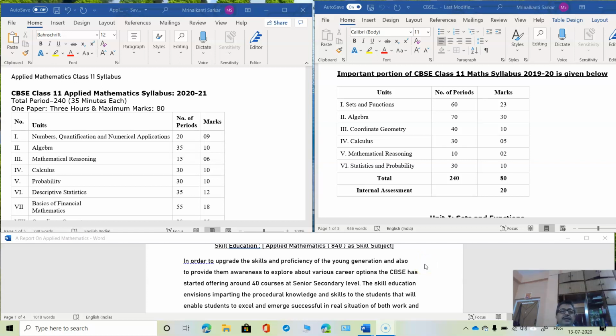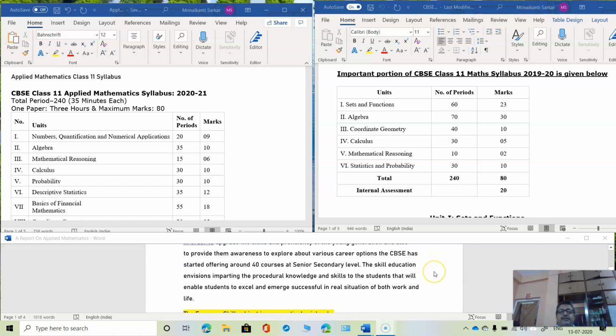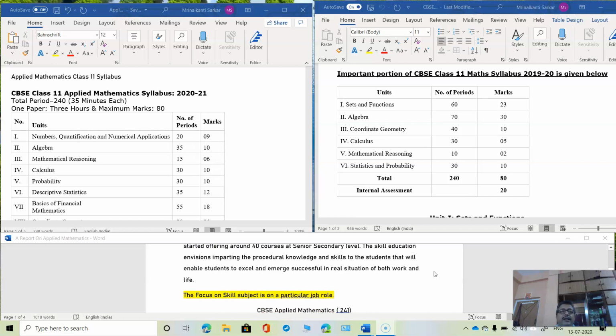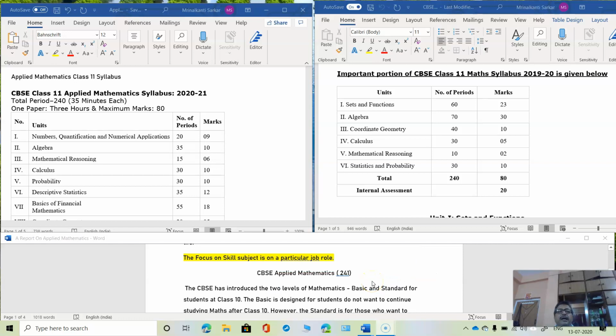Skill education imparts procedural knowledge and skills to the student that will enable the student to excel and emerge successful in real situations of both work and life. And the focus on skill subject was on a particular job role. But now CBSE has changed their mind and they have introduced CBSE Applied Mathematics code 241.